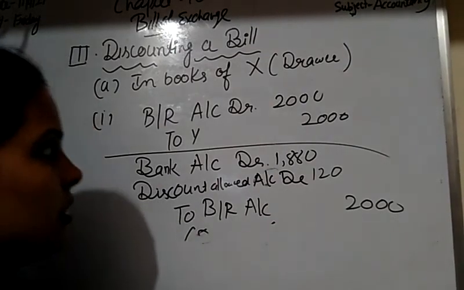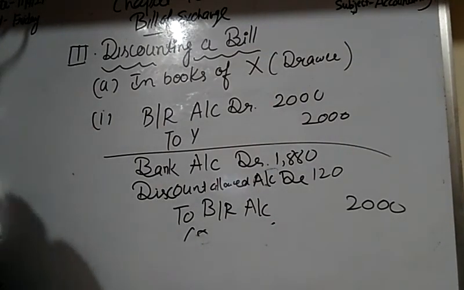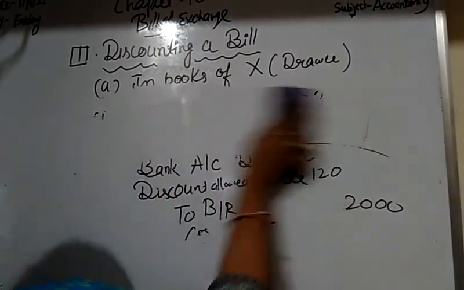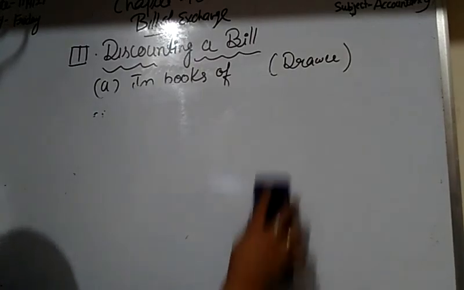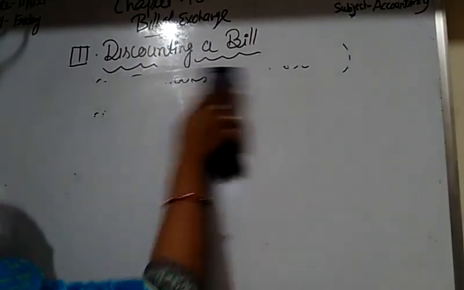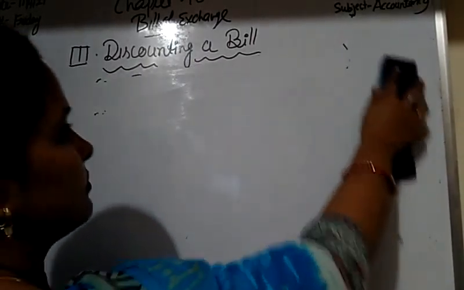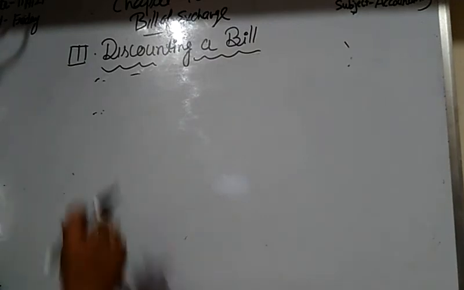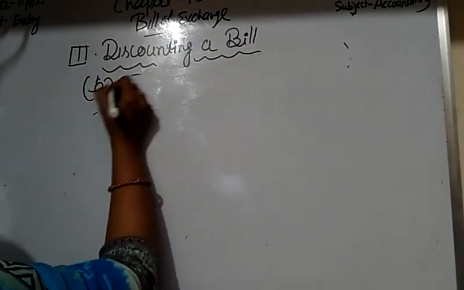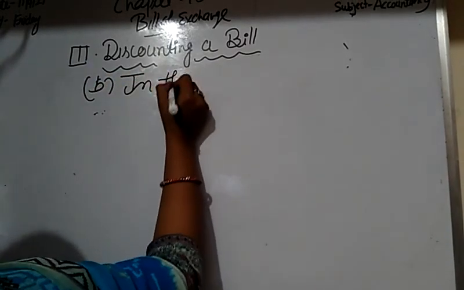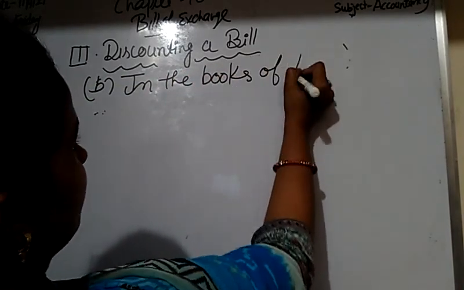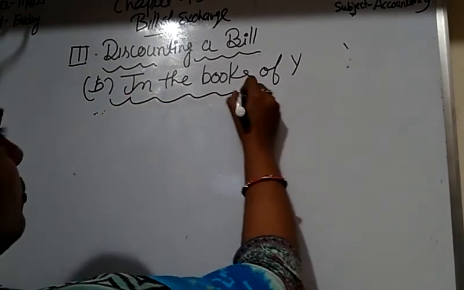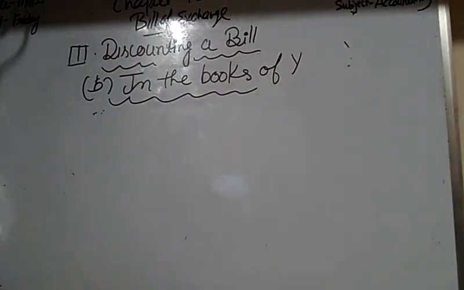Okay students, now in the books of Y, the second case. Y doesn't know to whom he makes the payment, he just makes the payment.